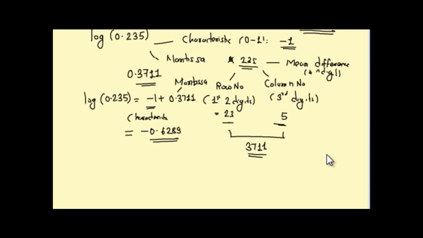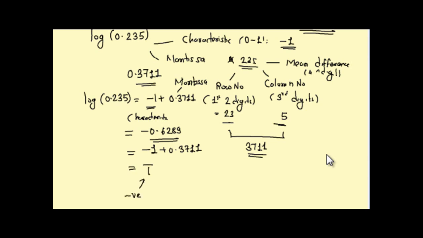Write this as -0.6289. This is mathematically correct, but since we have to find the antilog of this value, the general antilog table available doesn't give an antilog of a negative number. So what we have to do is write the number before the decimal place, which can be positive or negative, but the number after the decimal place has to be positive. So our value, that is -1 plus 0.3711, can be written as bar 1.